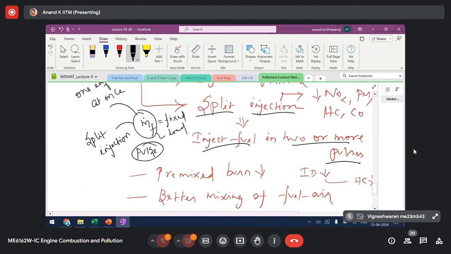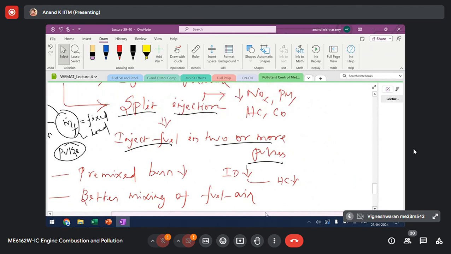So you divide this m_f into n number of pulses and introduce them at different timings. This is what I mean by split injection. Split injection is found to be very effective to control all 4 primary pollutants from a diesel engine. You can reduce NOx, particulate, soot, and CO.